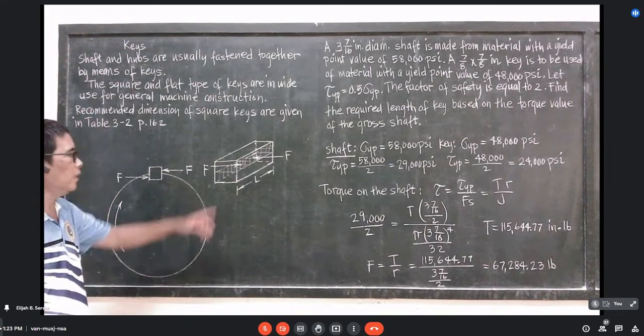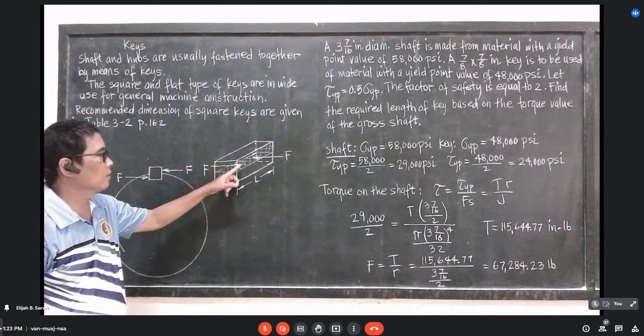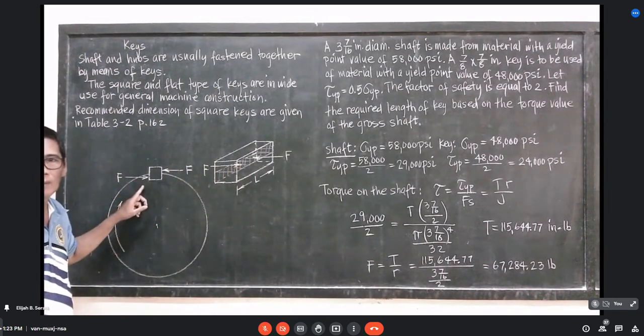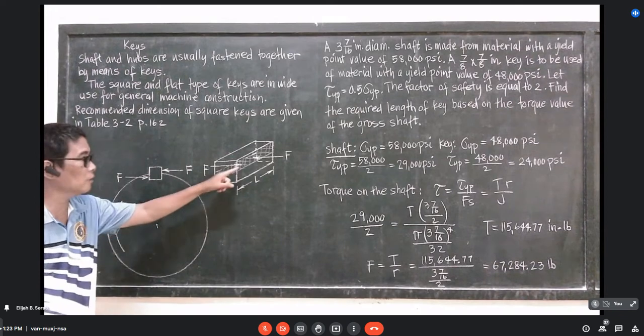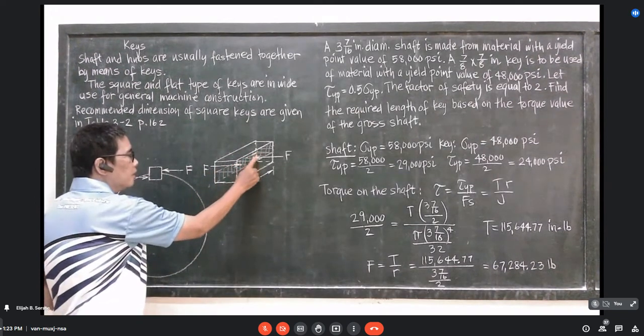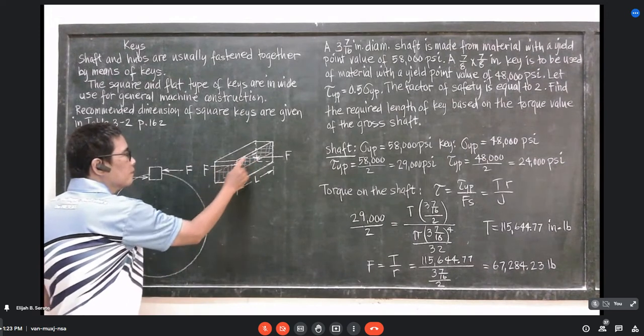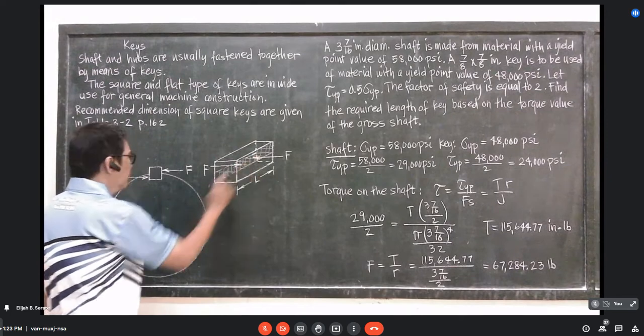So if we draw it in 3-dimensional, you will notice that this is on this one. Do you understand my drawing? This is the total force which is acting on the centroid of that. So this area here, can you see what I'm pointing at?